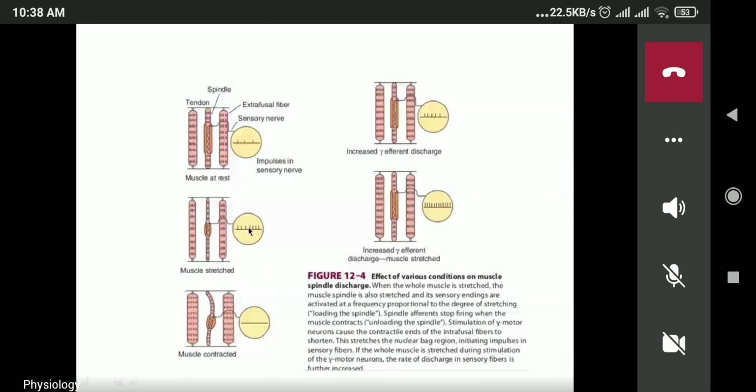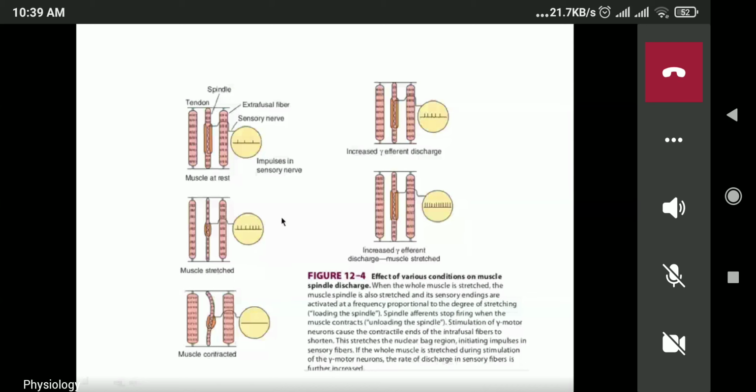So naturally this sensation goes to where? The sensory nerve is giving impulse to the spinal cord. From the spinal cord, there will be reflex. I'm very sorry, it is not gamma but alpha motor neuron.